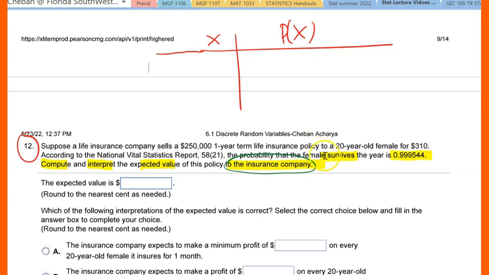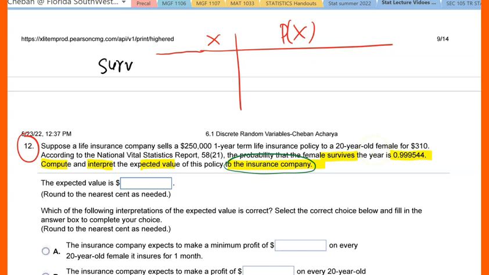If the person survives, what happens? The insurance company gets $310, because that's the cost of the policy. Let me write it down here. There are two outcomes.